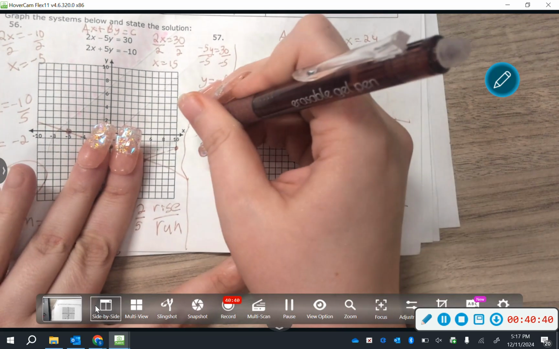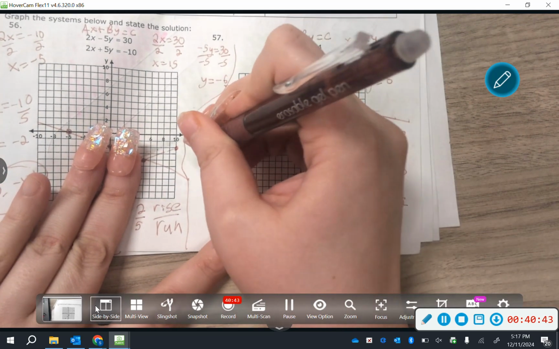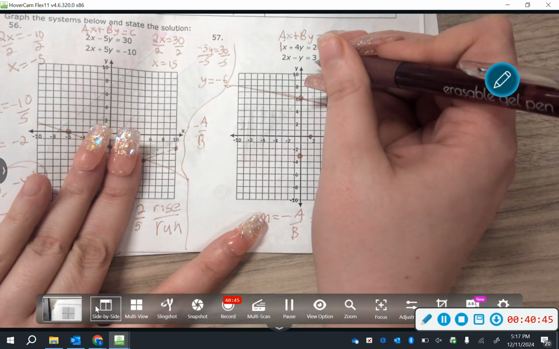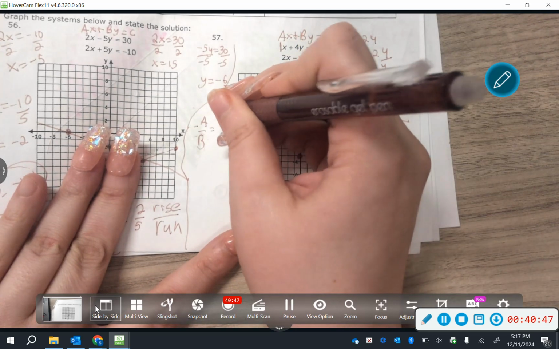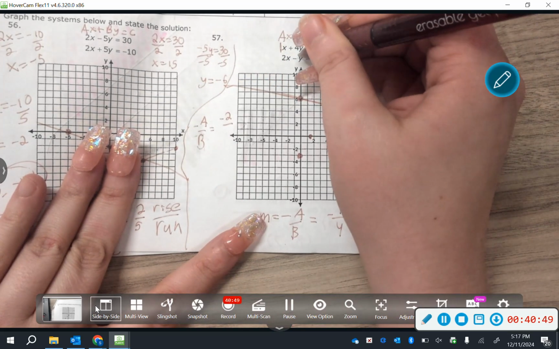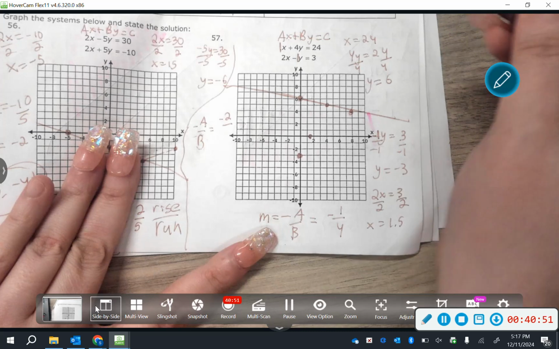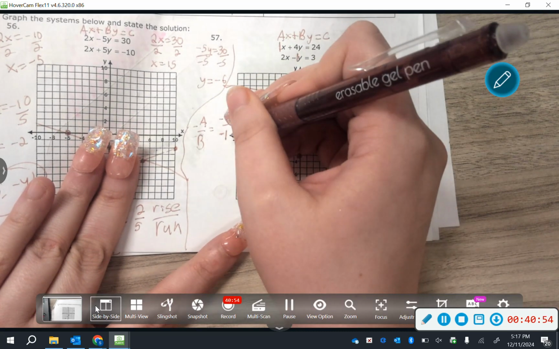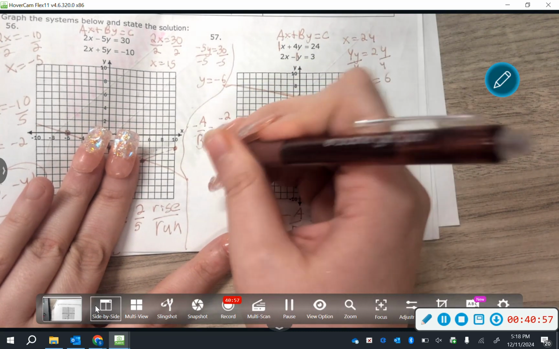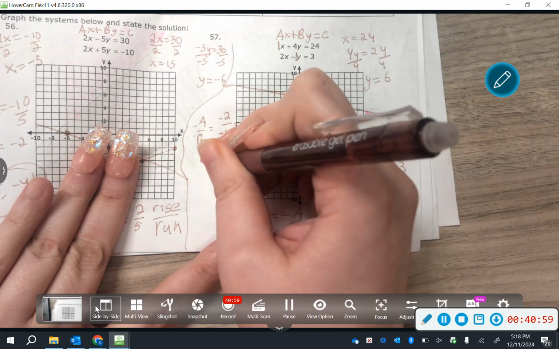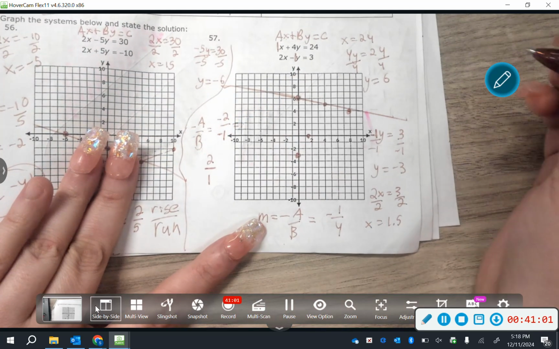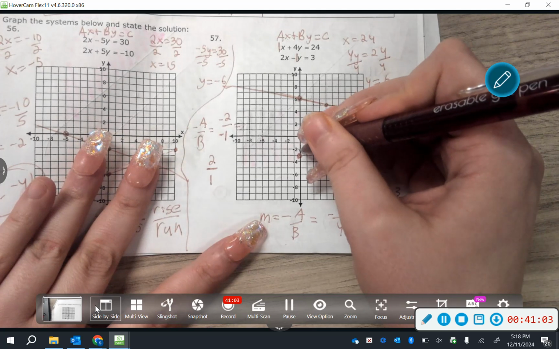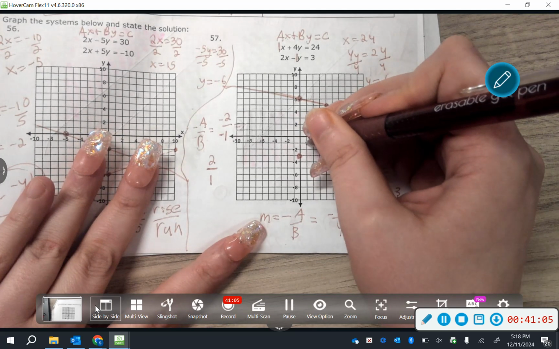Okay, so if I do opposite of A over B on this one, my A is 2, so the opposite of positive 2 is negative 2. My B, if there's no number in front of my y, is 1, so it's a negative 1. Negative 2 divided by negative 1 is positive 2. So my rise over run would be 2 over 1. So it means I'm going to go up 2, right 1.